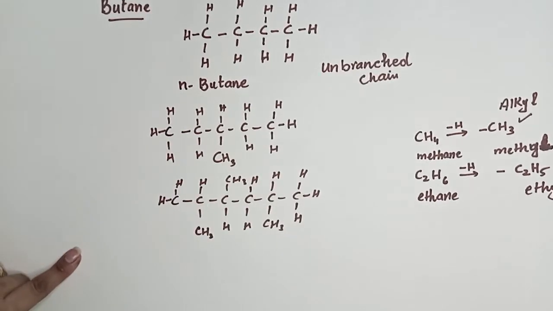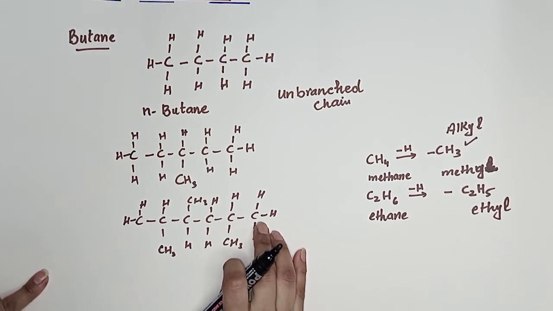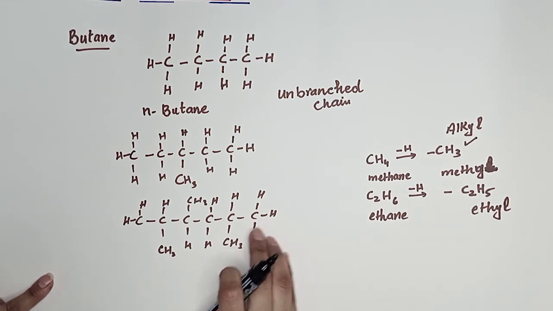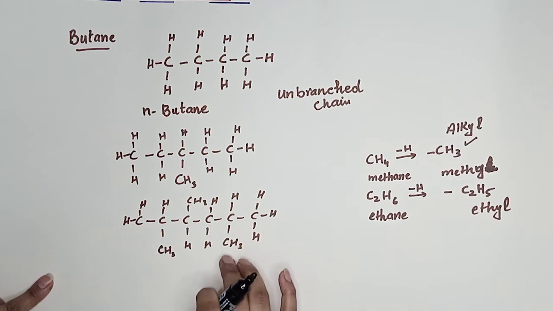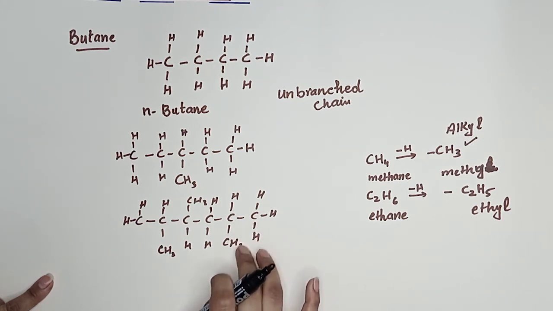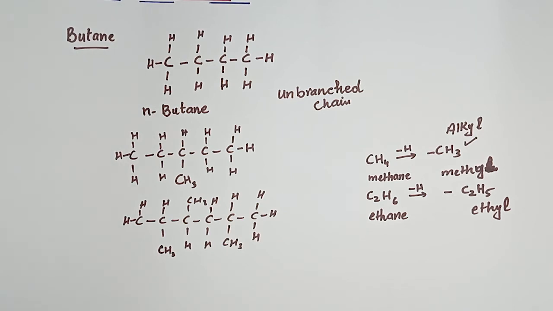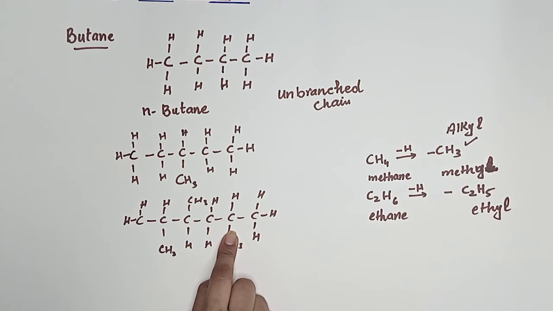Now how to name this? First of all, we will check and start naming from the branch that is near. We will check whether this methyl is near a carbon atom, then we start the counting. Here, in the second position, the methyl group is there.